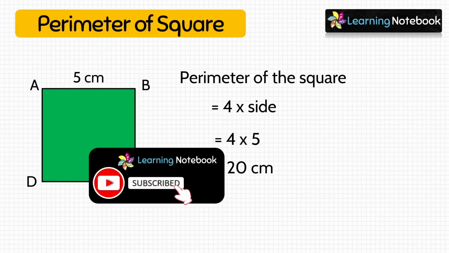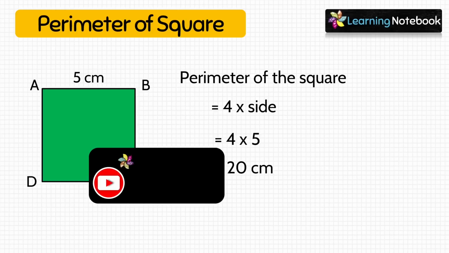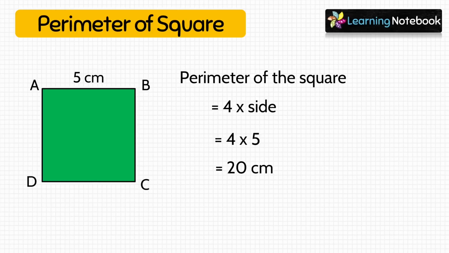So perimeter of this square is 20 centimeter. So here students, did you notice that if we are given with length of only one side of the square, then also we can easily find its perimeter. But in case of a rectangle, we should know length as well as breadth of the rectangle to find its perimeter.